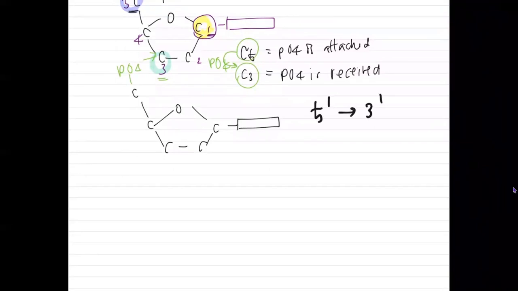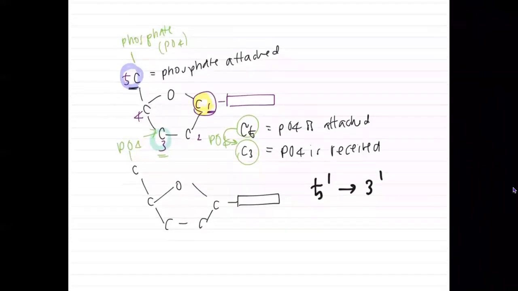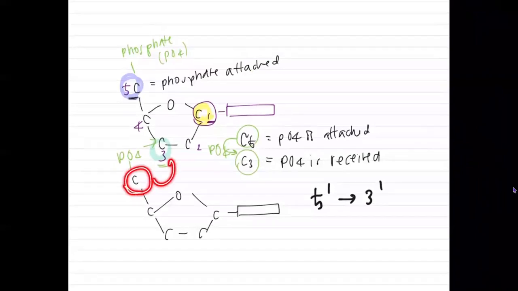Always have to remember. And it's sometimes very tricky because obviously 3 is a smaller number, so you would always think perhaps that 3 goes to 5. But always remember it goes from the 5 carbon to the 3 carbon.